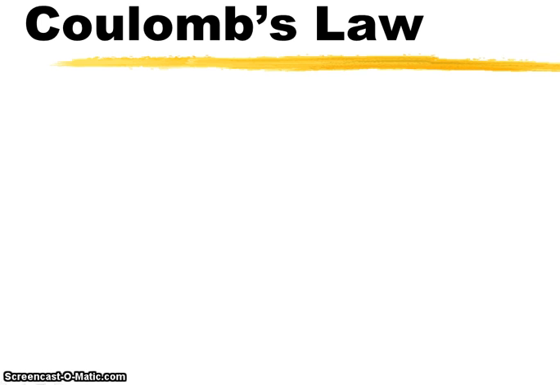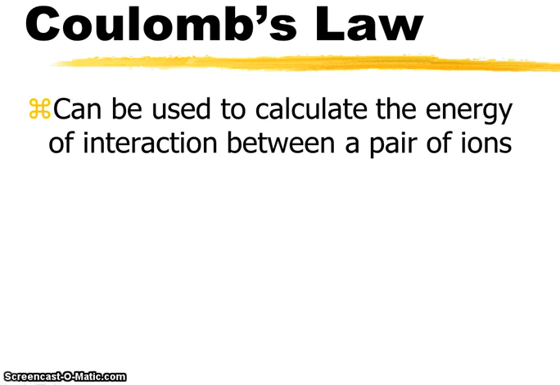We can use Coulomb's law to calculate the attractive or repulsive force between ions. So it can be used to calculate the energy of interaction between a pair of ions.